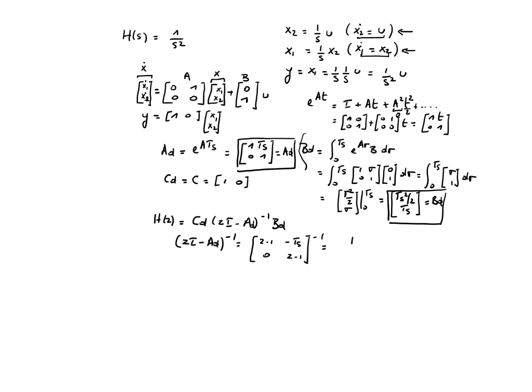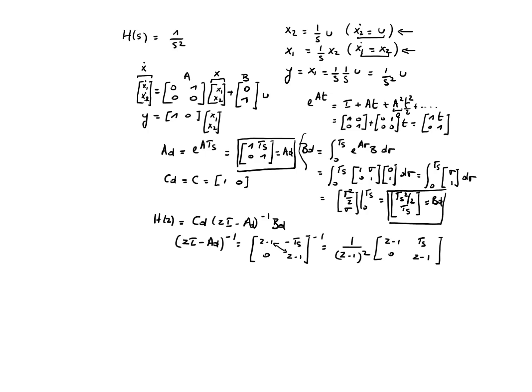So it's 1 over the determinant, (z minus 1) squared, right? So we switch these two, and we have to change the sign of the other two. So we have [z minus 1, Ts; 0, z minus 1].